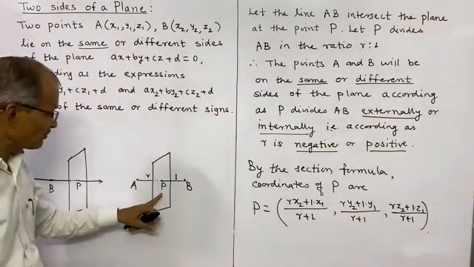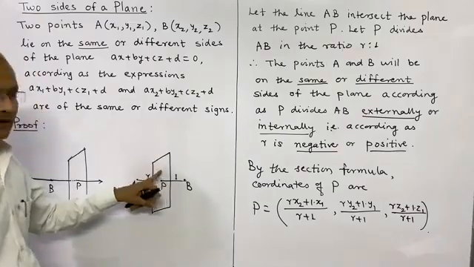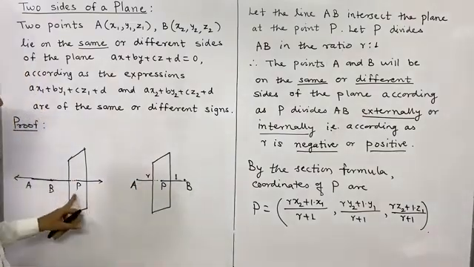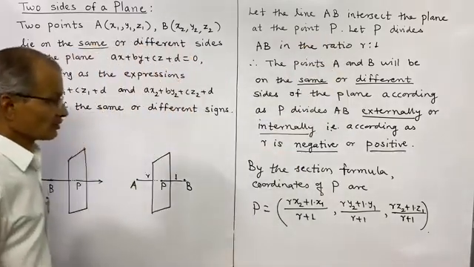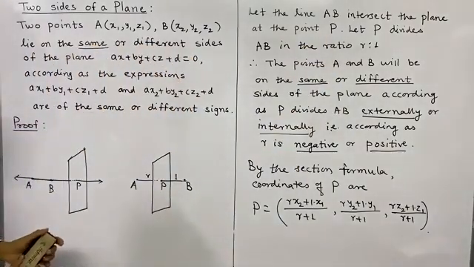Now this point P lies on the plane. In both cases, P is a point on the plane. We have written here that the line intersects the plane at point P, so P lies on the plane. What is the equation of the plane?